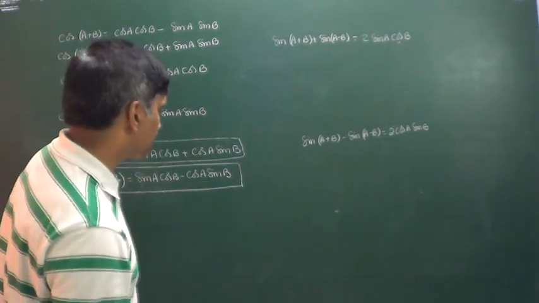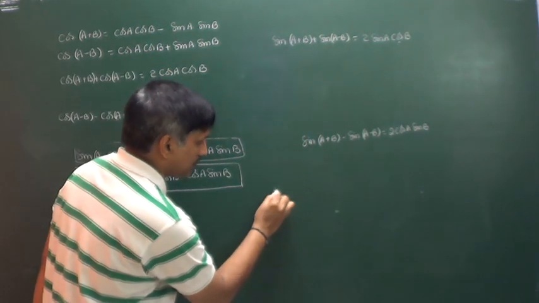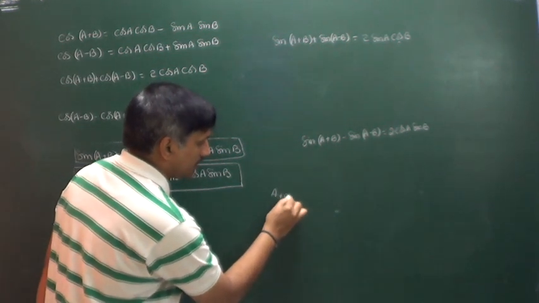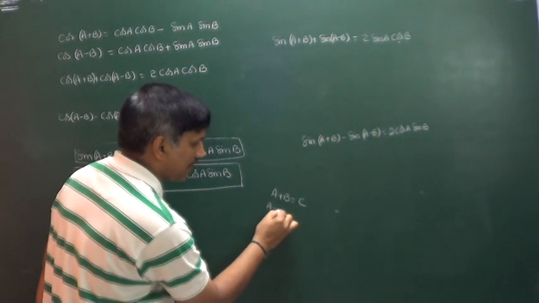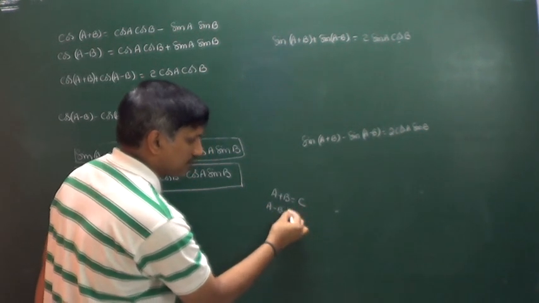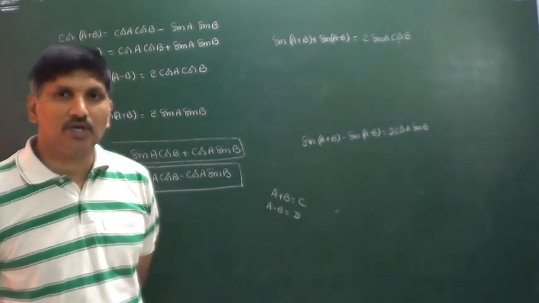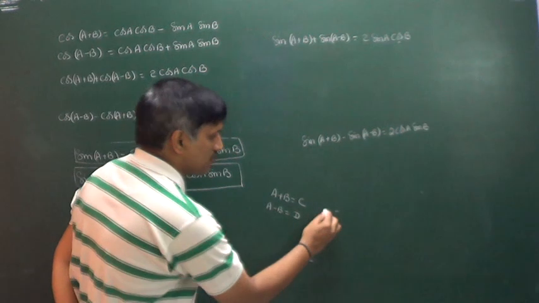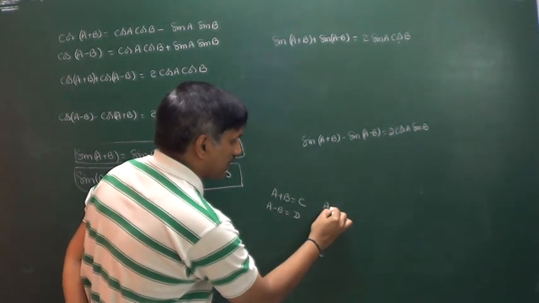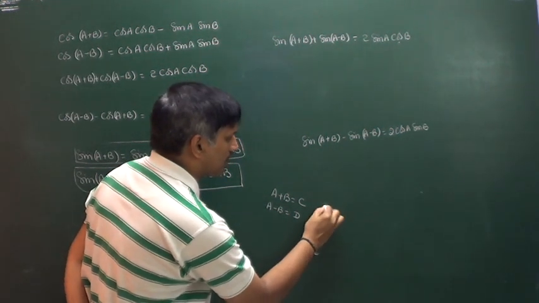Now for the convenient purpose, in place of A+B I am writing C. In place of A-B I am writing D. Whenever A+B is equal to C, A-B is equal to D, can you tell me what is A value?